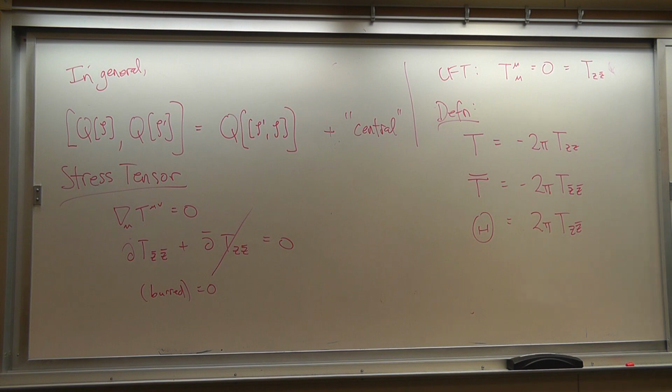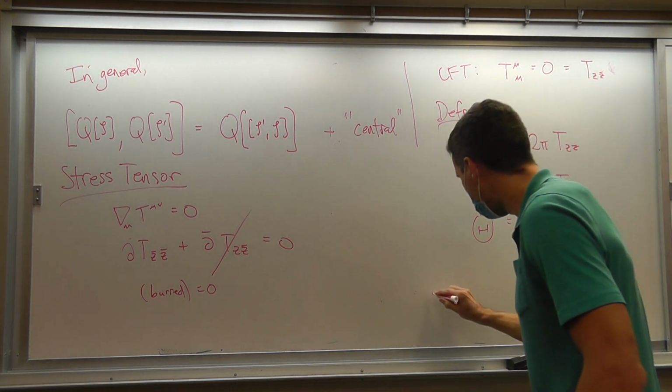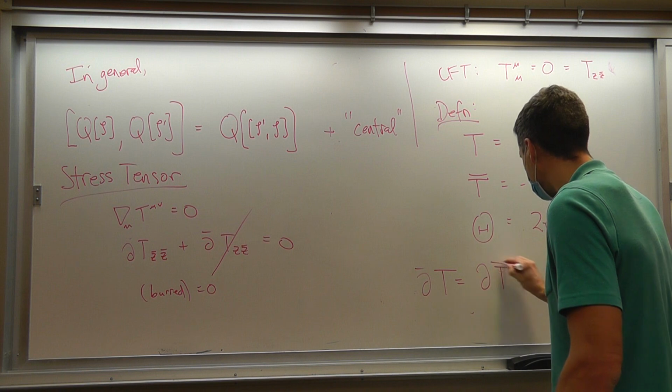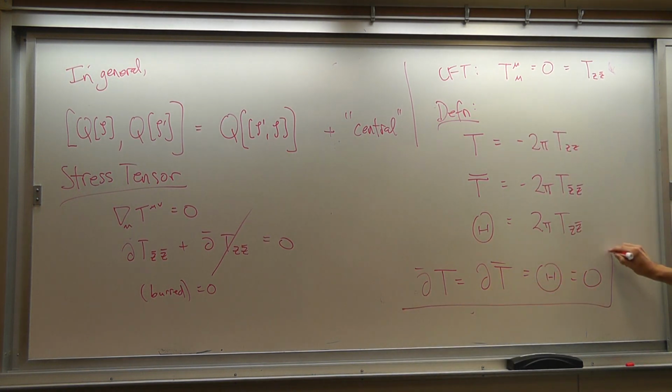This is what people use in 2 dimensions for the most part in the literature. So this is the trace, and these are the holomorphic and anti-holomorphic components. And in this notation, what we just derived is that d bar of T is equal to d of T bar is equal to the trace is equal to 0. So that's the basic rule of conservation and tracelessness of the stress tensor in the 2D CFT.